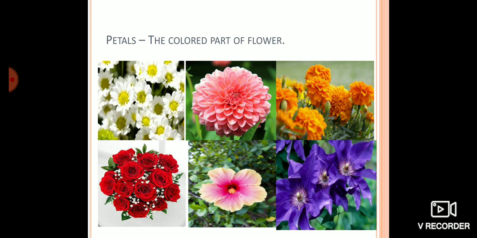Petals are the colored part of the flower. Now you can see here the brightly colored part of the flower, which has different colors or shades, called petals.